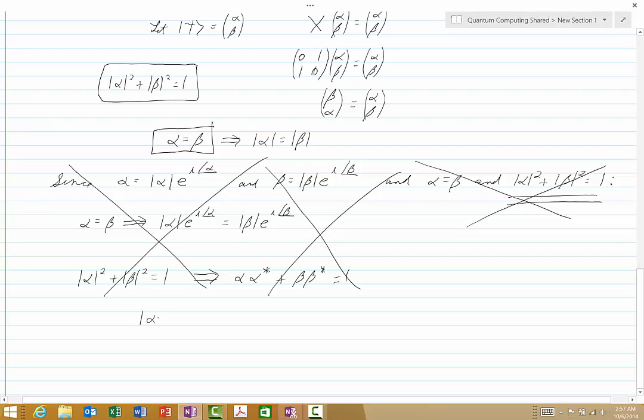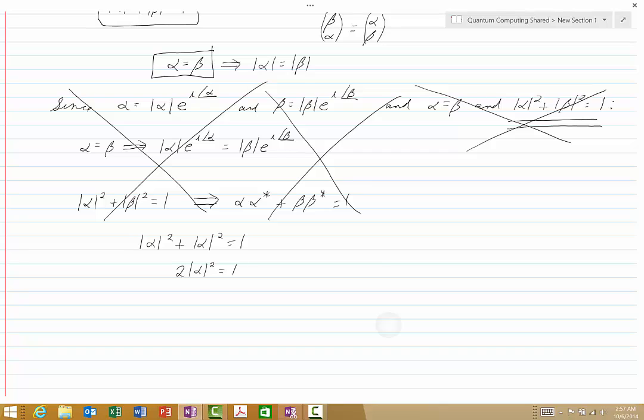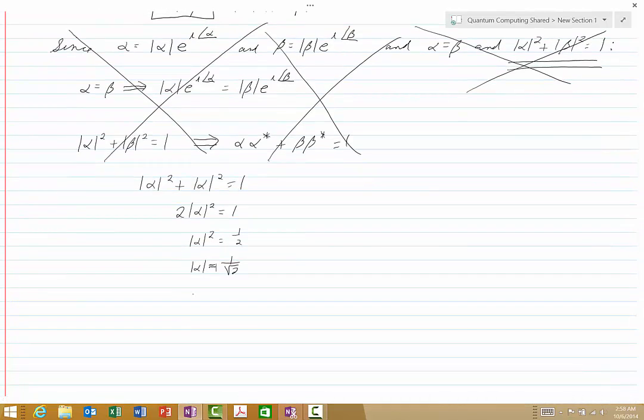So we have magnitude of alpha squared plus, and remember the magnitude of beta is the same as the magnitude of alpha, so we have magnitude of alpha squared again is equal to 1, or 2 times the magnitude of alpha squared is equal to 1, or magnitude of alpha squared is equal to 1/2, or the magnitude of alpha is 1 over square root of 2. And as we already said, magnitude of alpha is equal to magnitude of beta, so we can also say that magnitude of beta is 1 over square root of 2.